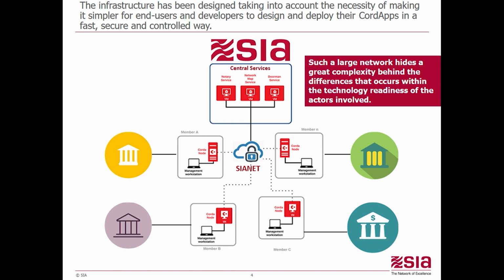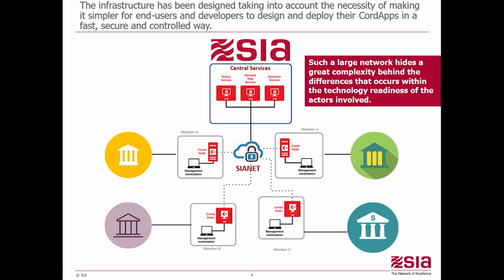How does it work? All the nodes of the banks are configured and managed by SIA, and they reach SIA through the SIANet, which is our private network that we use for all the Italian financial system. In Italy we call it RNI, our network for the national Italian banks.